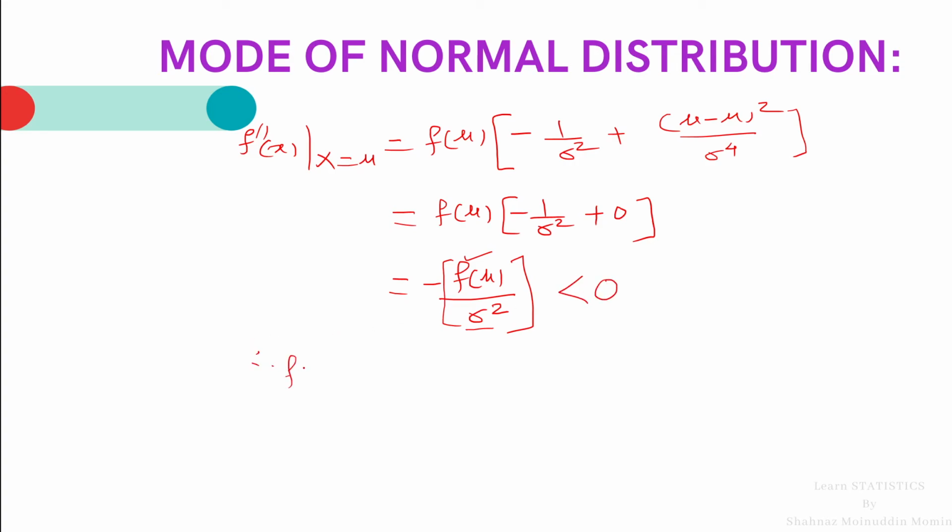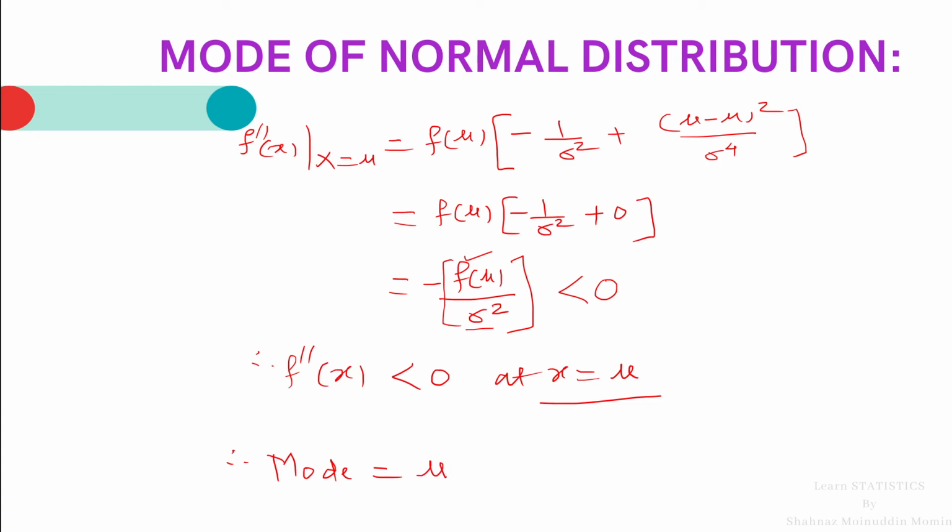Hence f double dash x is less than 0 at x equal to mu, means the PDF of normal distribution is maximum at x equal to mu. Therefore the value of mode is equal to mu in case of normal distribution.